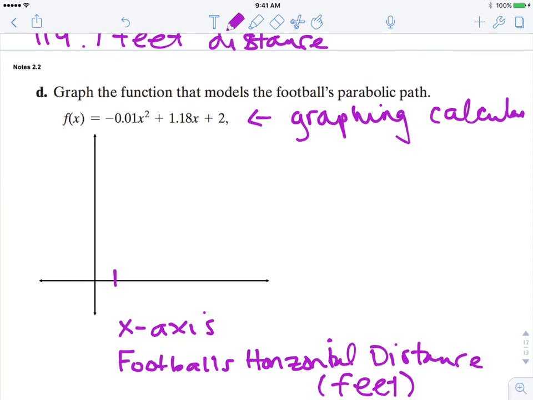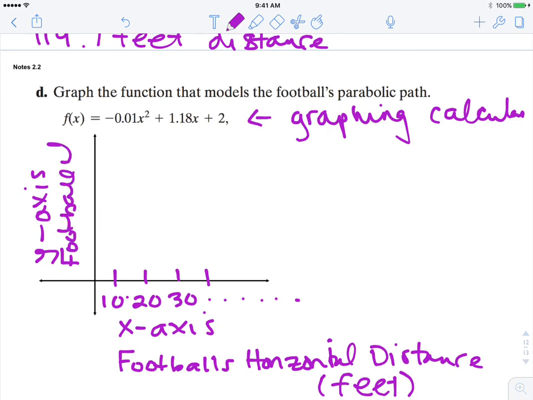Labeling the units on the x-axis. So let's say we do 10 feet increments. Same thing on the y-axis. Labeling what it represents: football's height. Unit of measure: feet. Labeling your increments.